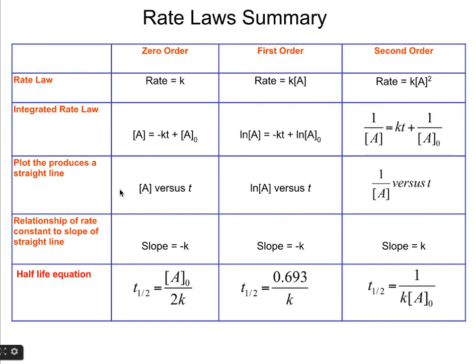It reminds you of the graph that produces a straight line, the relationship of the rate constant to the slope of that straight line, and the half-life equation. We can use these equations to figure out how much time it takes for half of that initial concentration to go away. It's not a bad idea to copy this table down.